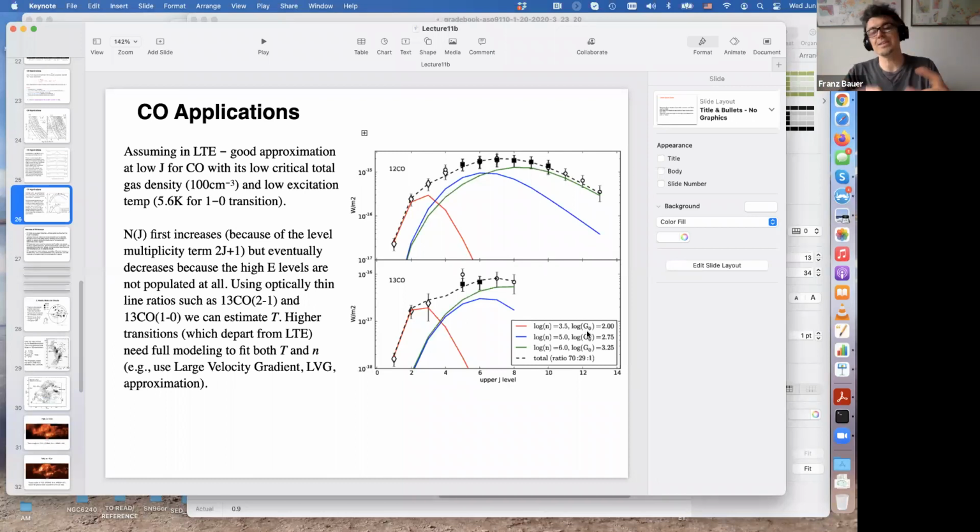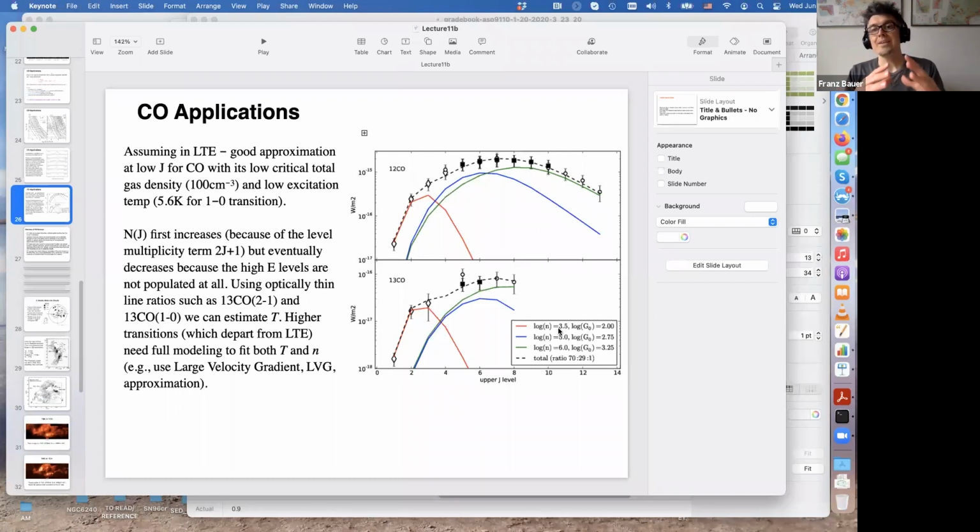Generally speaking, it's a proxy for the temperature, the kinematics, or what's exciting this line. So for a given density and given thermal properties of that gas, you will excite a certain amount of CO 1 to 0, a certain amount of 2 to 1, a certain amount of 3 to 2.